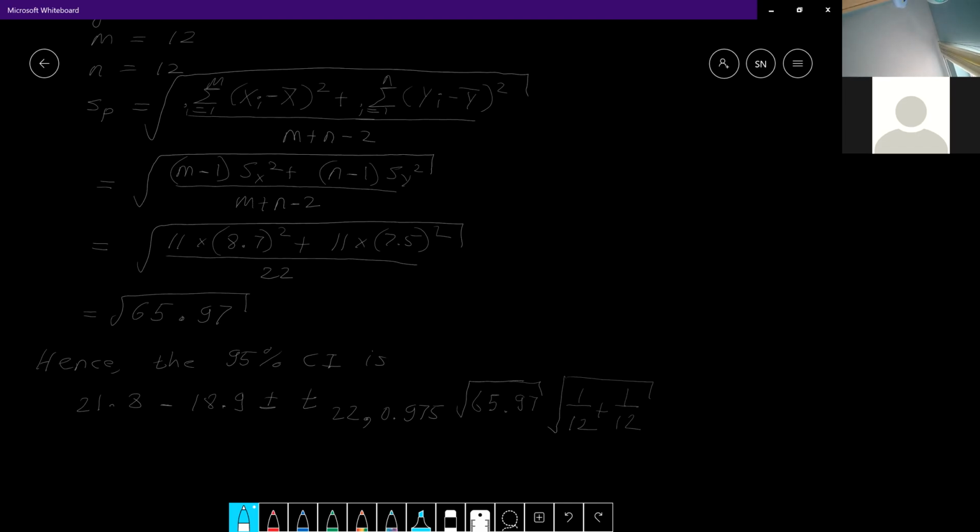So this is the formula for the 95% CI. Now, if you read the table for the T percentile, you will get this to be equal to 21.8 minus 18.9 plus or minus, this will be 2.074.